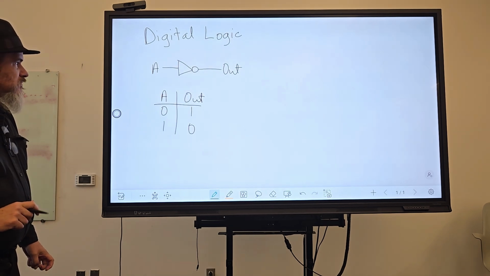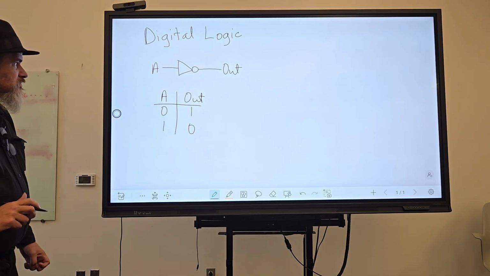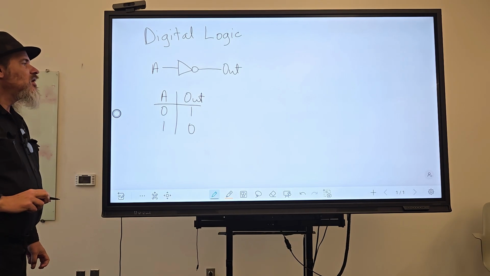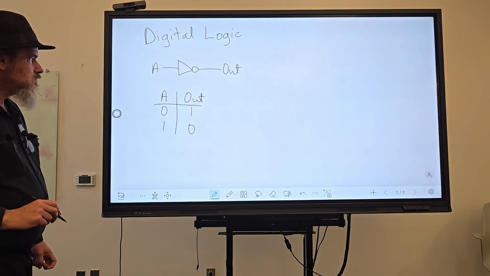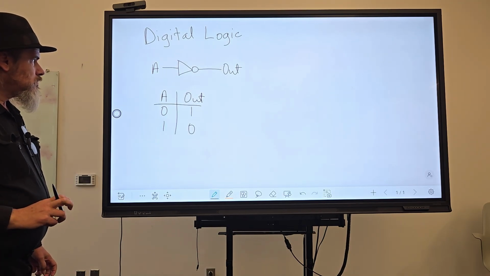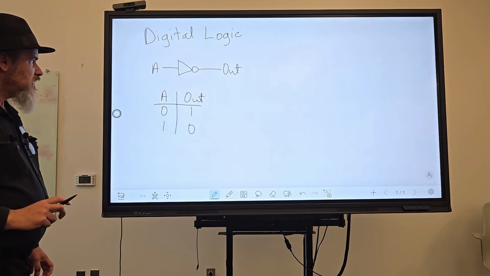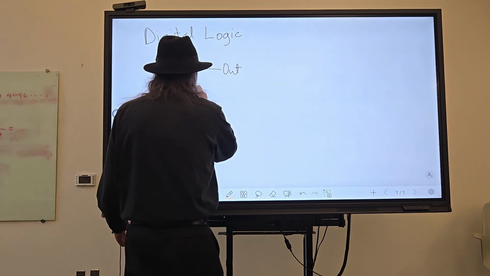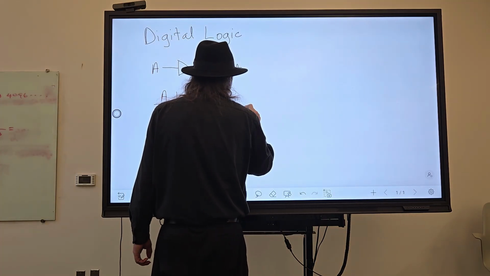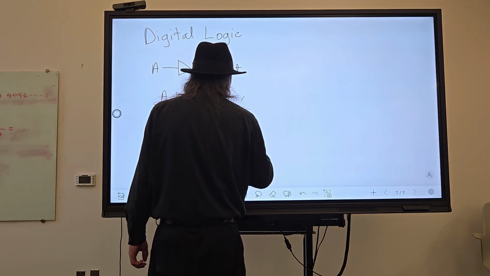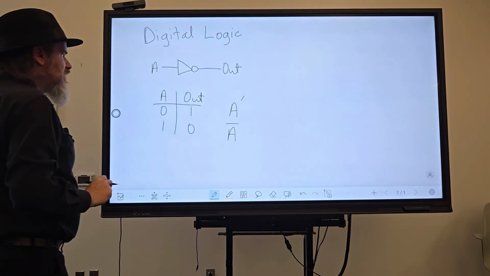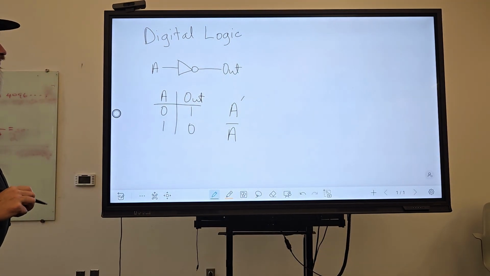One of the most simple logic circuits. It is often written as A prime or A bar as far as Boolean expressions are concerned.